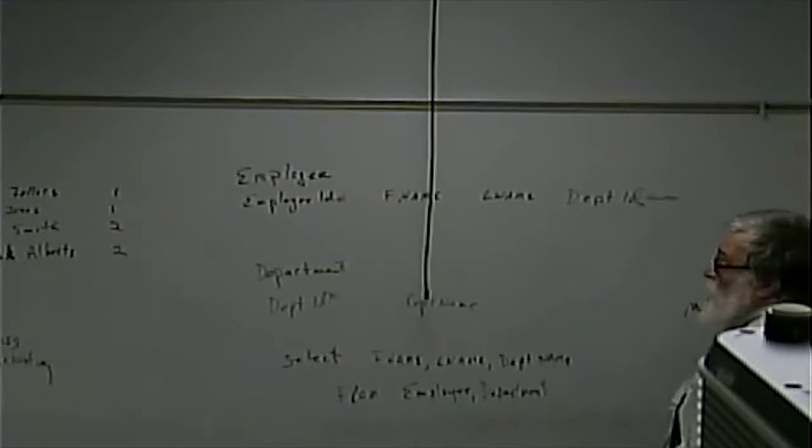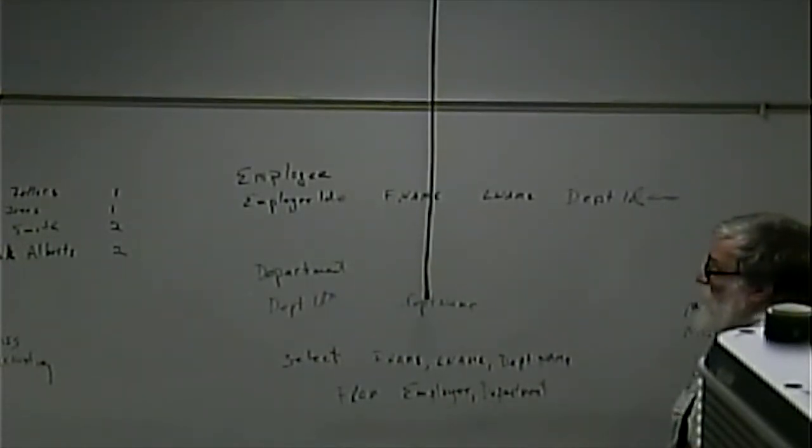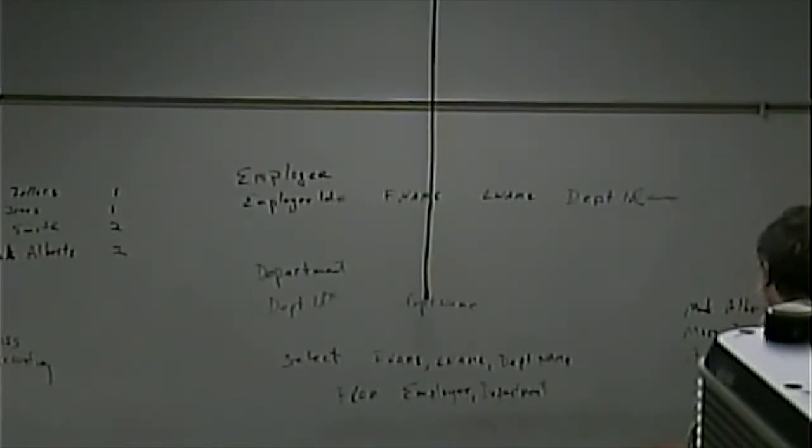We get Mark Alberts in accounting, Mary Jones in accounting, Ann Smith in accounting, and finally, Mike Zeller's in accounting. And if that doesn't give me shivers, I don't know what would.